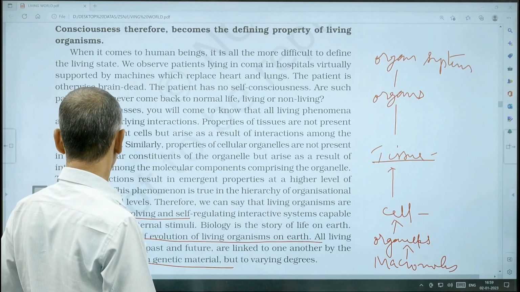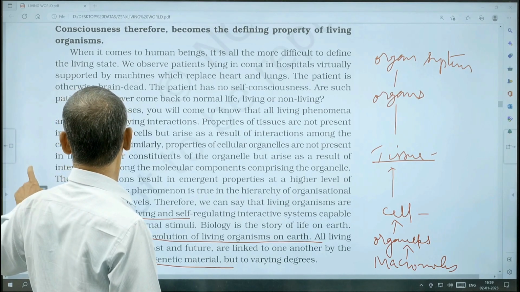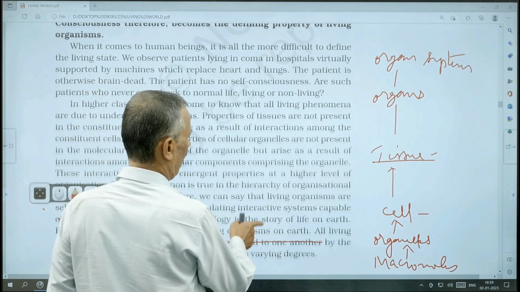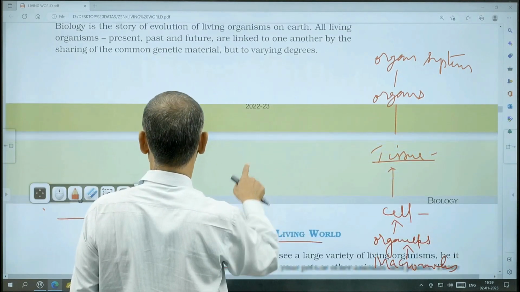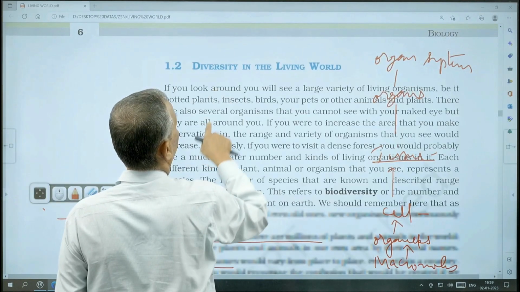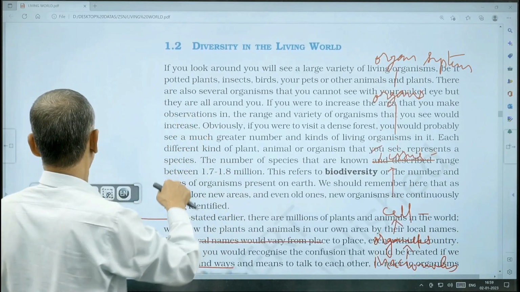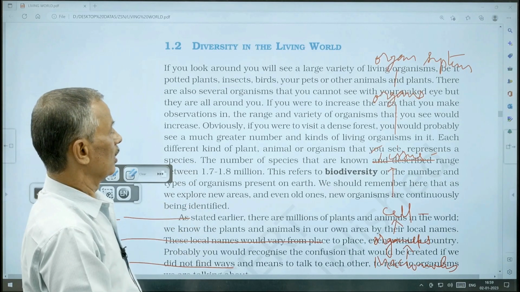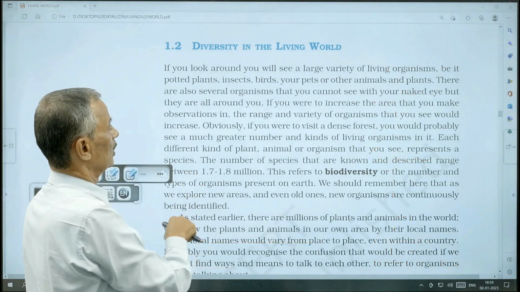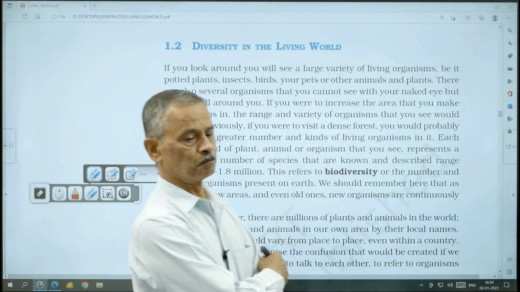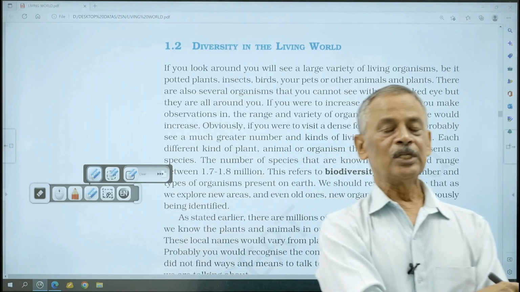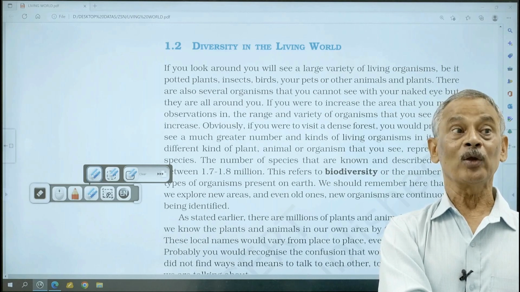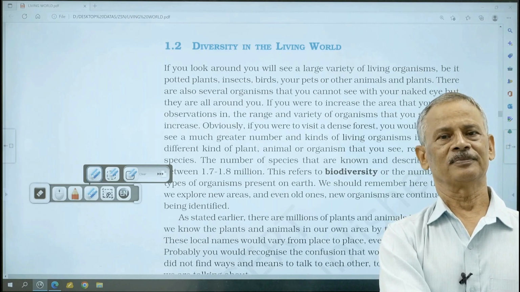Okay, now we are all going to the second part. As we have studied, there are a large number of living things in this world. The total number and variety of living things in this world is called biodiversity.